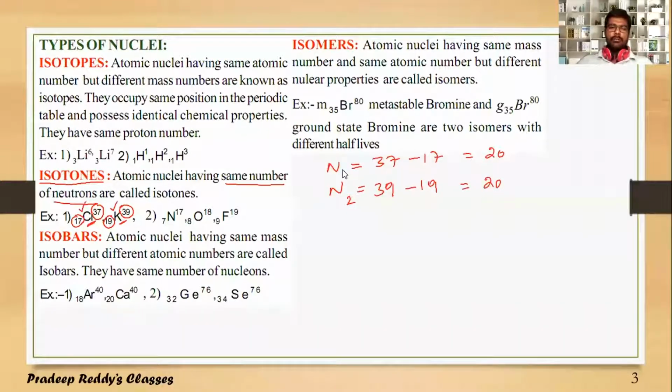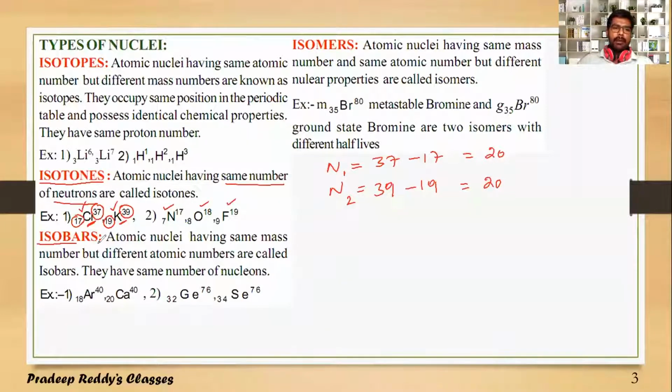Even though they have different atomic numbers and mass numbers, if the number of neutrons in such elemental nuclei is equal, they are said to be isotones. Likewise, you can take N-17, O-18 and F-19. These all are isotones. They contain the same number of neutrons.